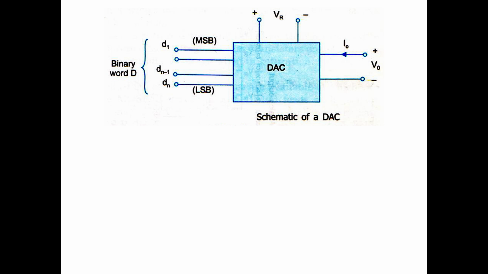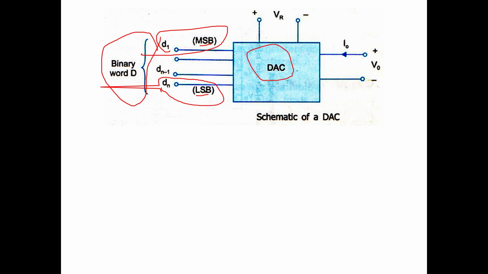So this is the schematic of a digital to analog converter. The input is a binary word. D1 is the MSB, the most significant bit. Dn is the LSB, the least significant bit. So this is the DAC, digital to analog converter.